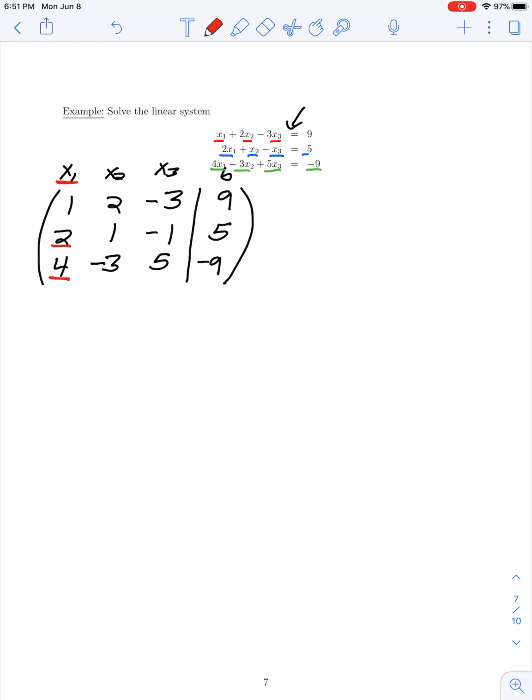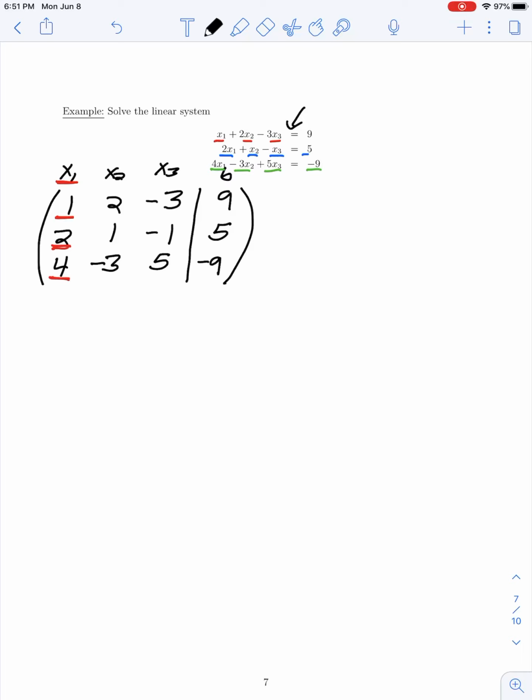To get rid of the 2x1 in our second equation, I could use the coefficient of 1x1 in my first row. One way that I could do this would be to take my first row, multiply through by negative 2, and add it to the second row, or equivalently, take row 2 minus 2 times row 1. The notation that we'll use for Gaussian elimination on augmented matrices is similar to what we saw earlier.